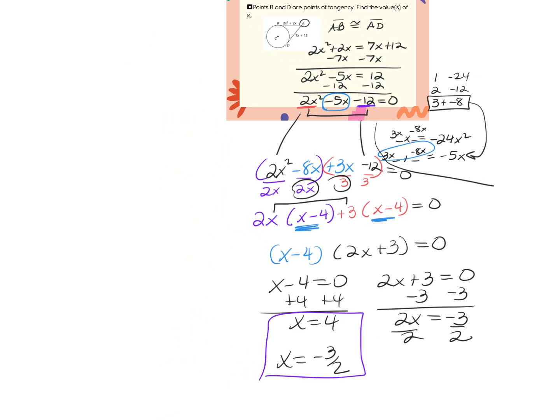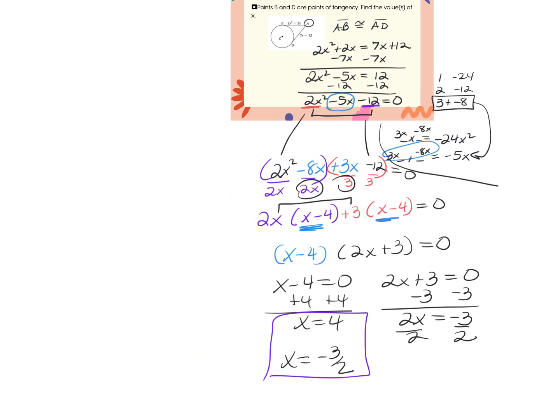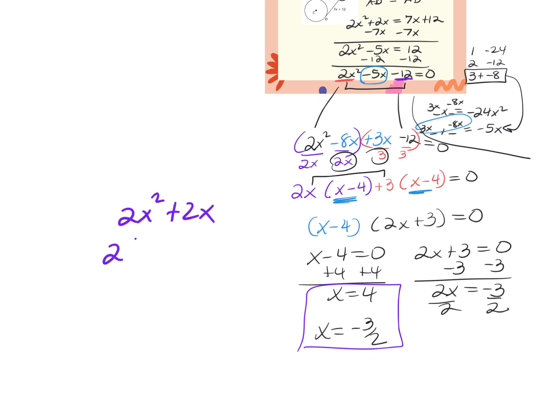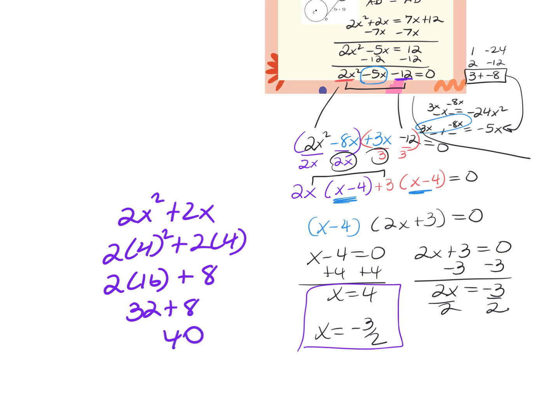So remember, the two segments in my picture were 2x squared plus 2x. So if I plug in the 4, 2 times 4 squared plus 2 times 4, this gives me 2 times 16 plus 8. 32 plus 8 gives me 40.